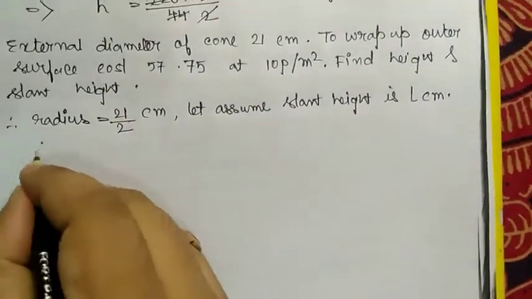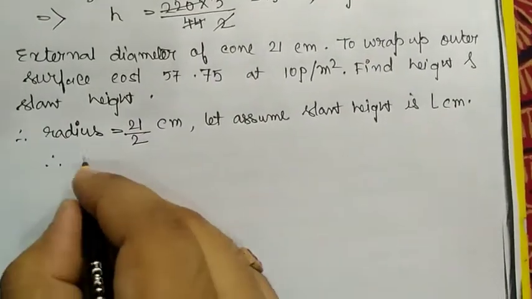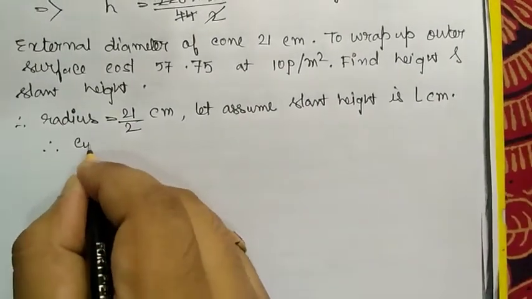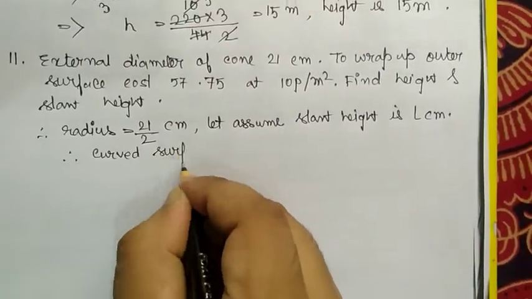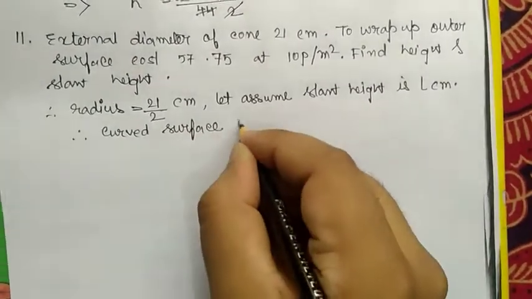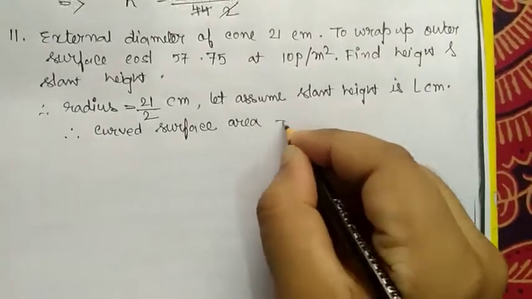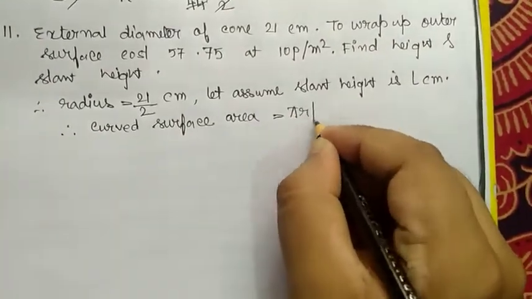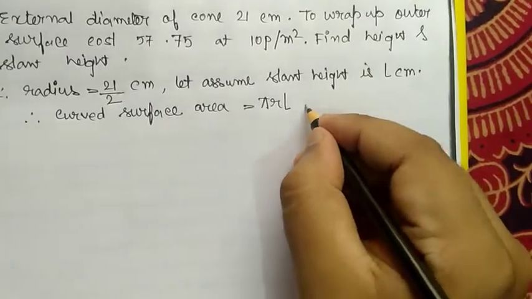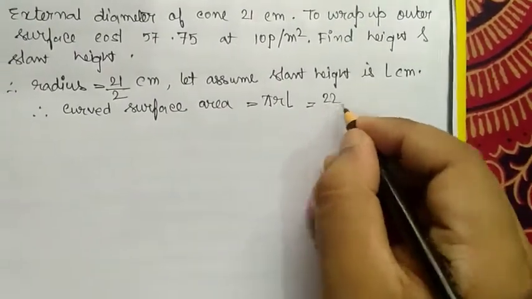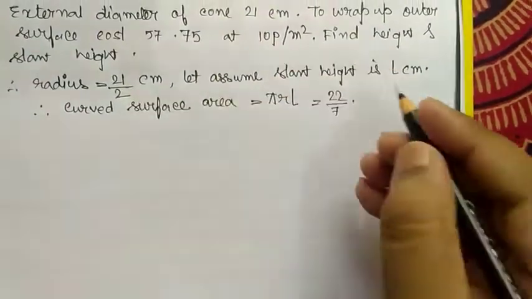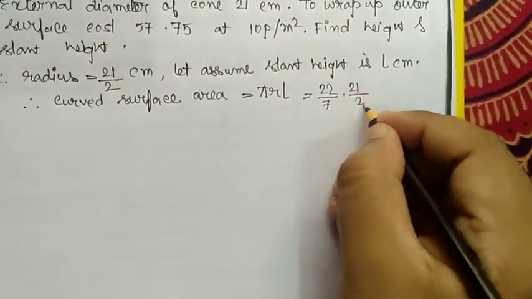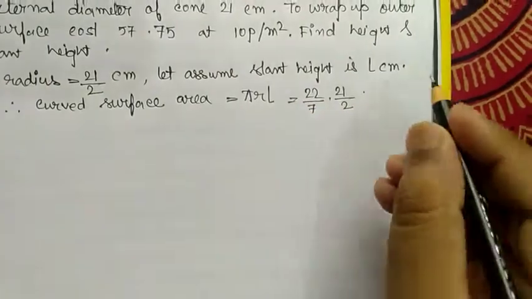So the curved surface area is pi r L. So pi r L means 22/7, r means 21/2, and L for slant height.